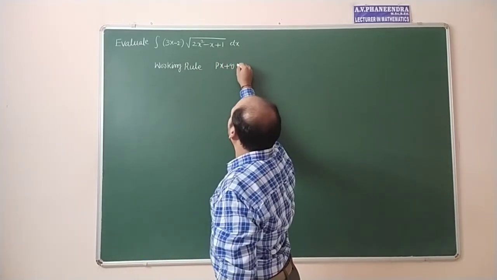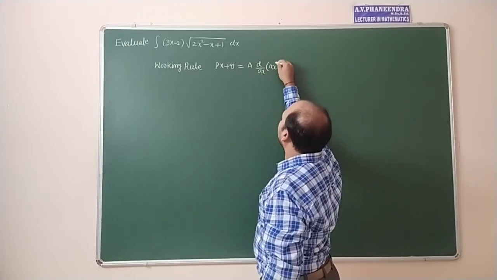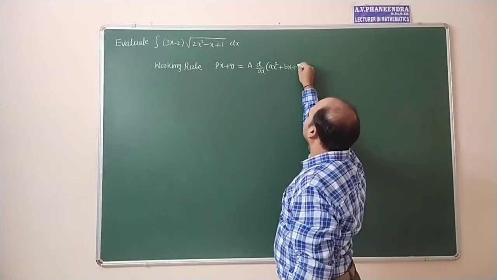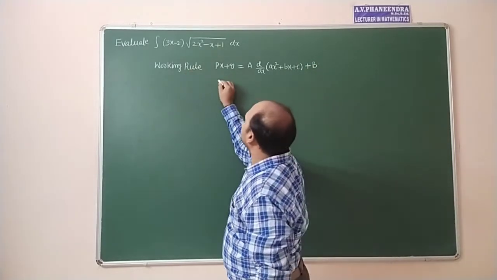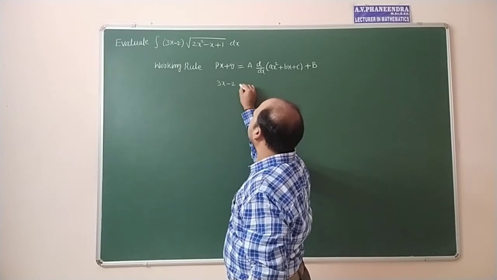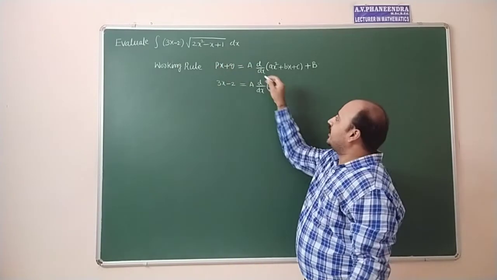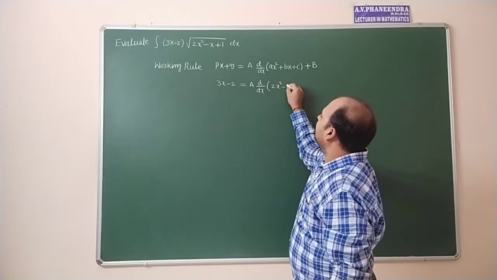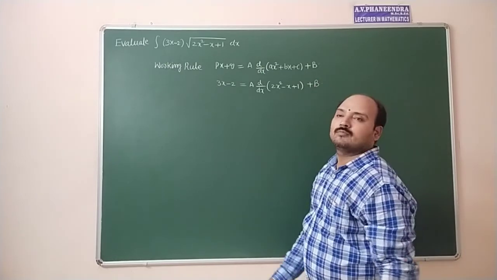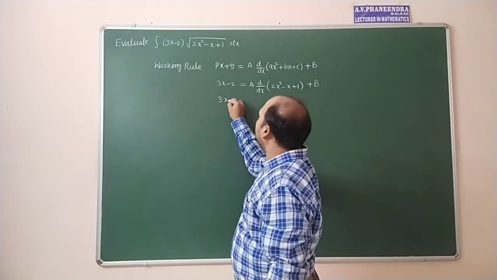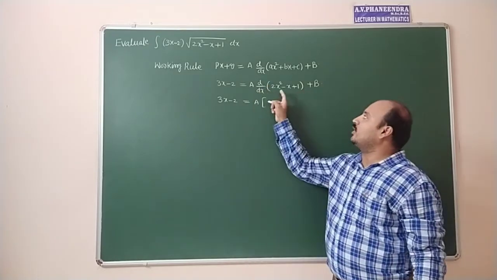px plus q equal to capital A into d by dx of ax square plus bx plus c, plus capital B. Now what is px plus q here? 3x minus 2 is equal to capital A into d by dx of the quadratic expression 2x square minus x plus 1, plus B. Now 3x minus 2 equal to A into, keep bracket, d by dx of 2x square.